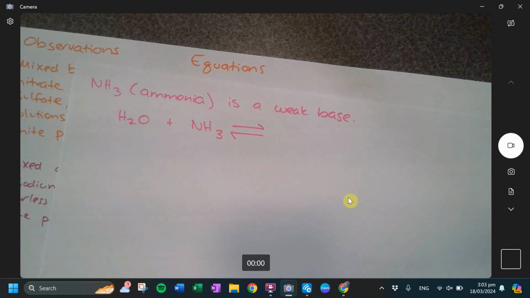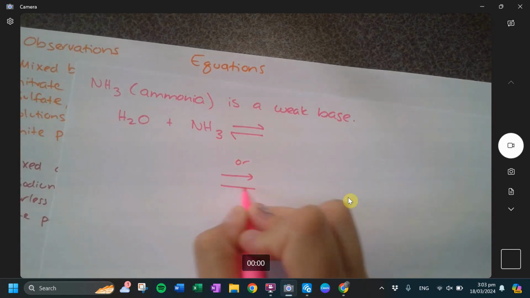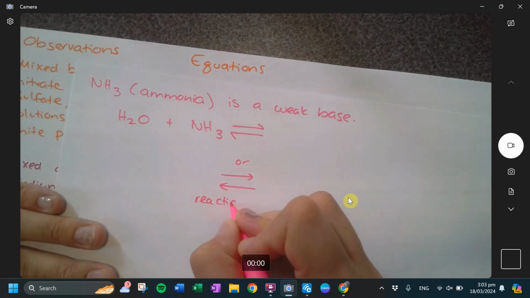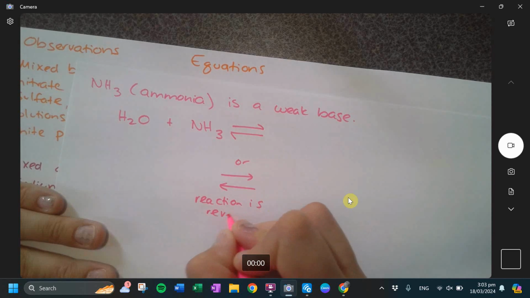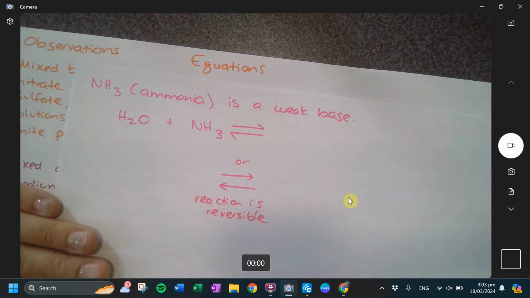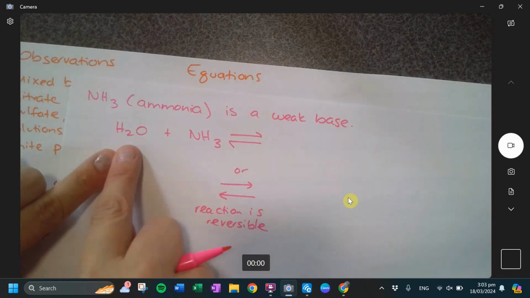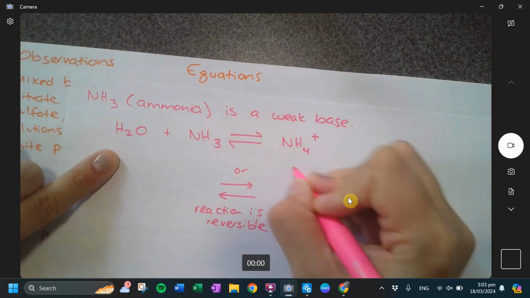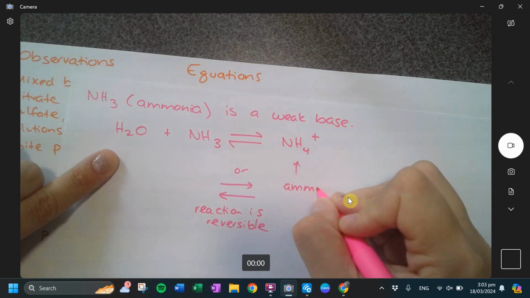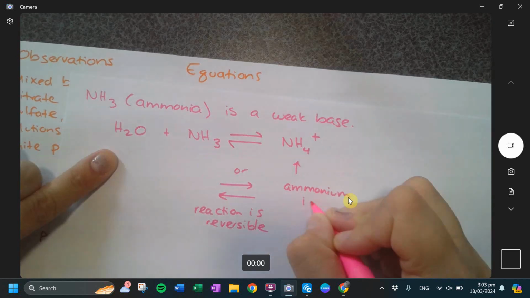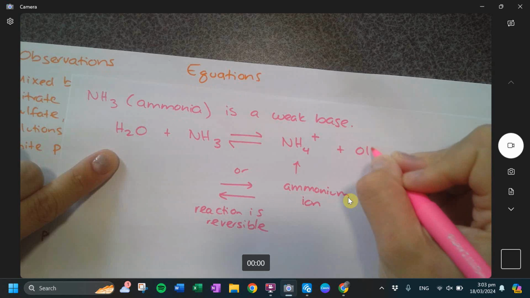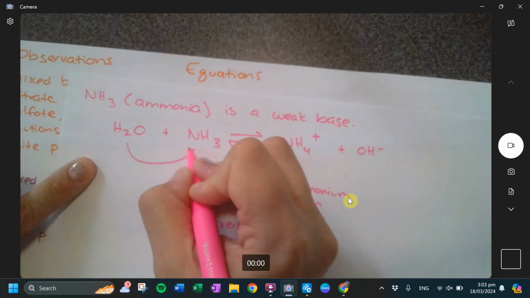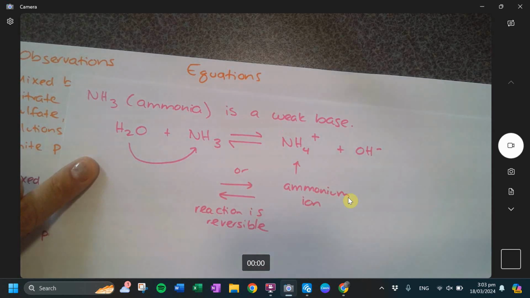You could also draw it like that. It just means the reaction's reversible. Just FYI. When it reacts with water, it forms the ammonium ion, NH4+, and it forms hydroxide. So what happens is one of the hydrogens from water goes to the ammonia.